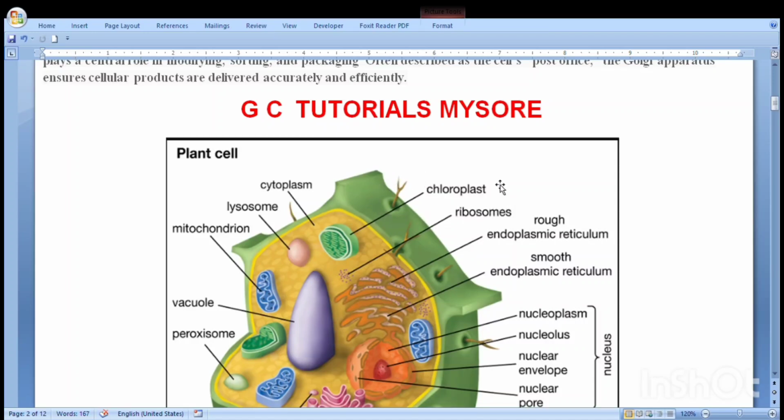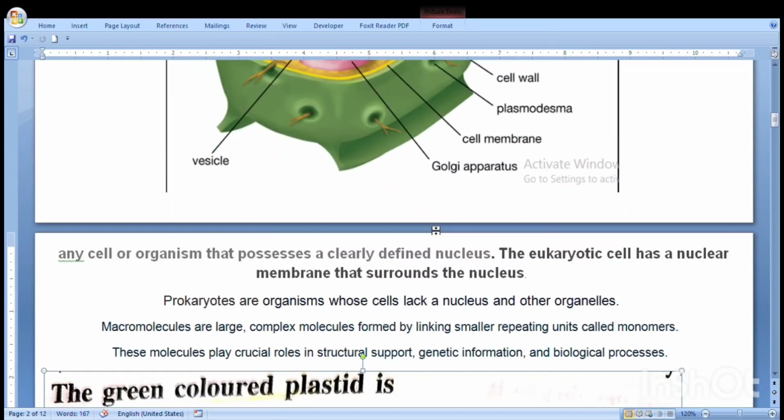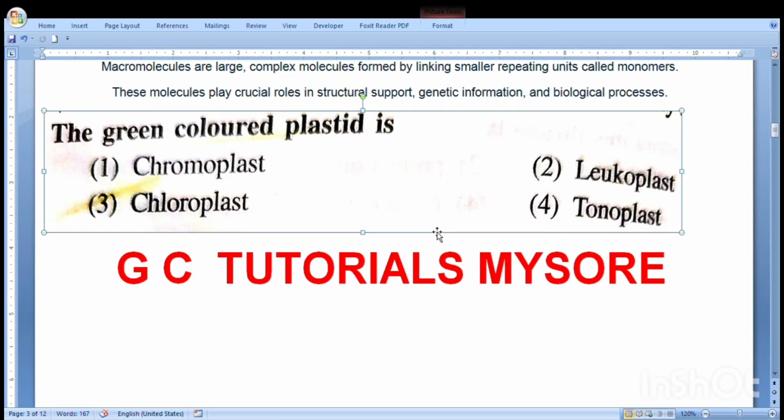Chlorophyll is a green color pigment which is very helpful for the process of photosynthesis. Photosynthesis means converting light energy into chemical energy. Next, coming to the other plastid, that is chromoplast.